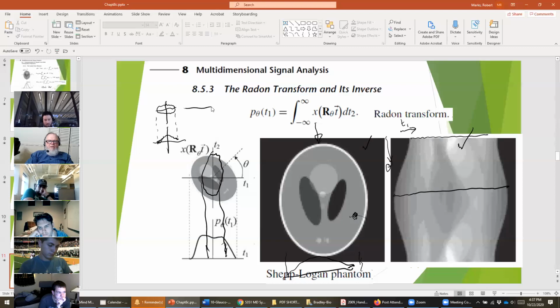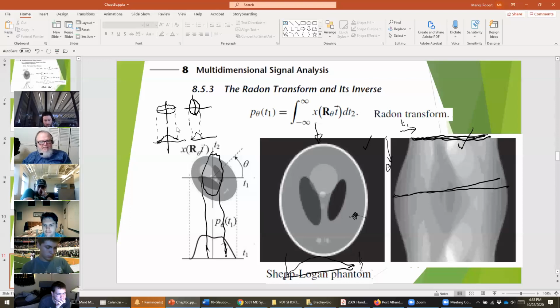And if we just have the small aspect of it, the ellipse going this way, we're going to get something that is a lot shorter. So I think you can see that this slice here corresponds to theta equal to 0. And the slice here corresponds to theta equal to 90 degrees, when the Shepp-Logan phantom is at its fattest.